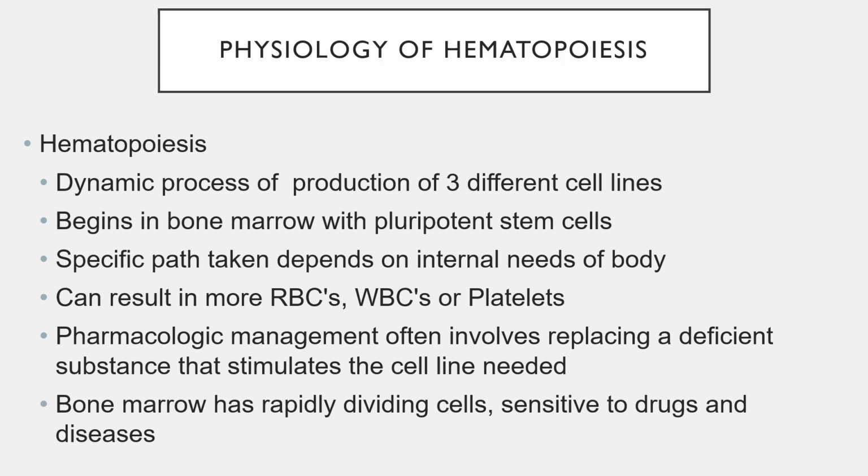And it can be very dangerous to have a very low platelet count because of the risk of bleeding. Okay, so for different reasons, we use these drugs to stimulate one of the cell lines to increase the level of that particular cell line, whether it's the platelets, red blood cells, or white blood cells.